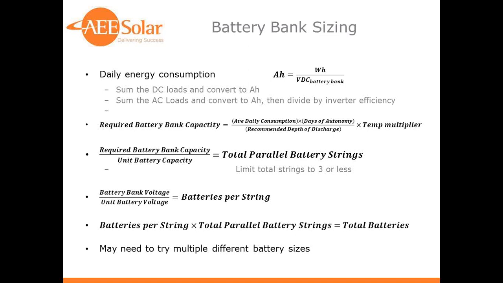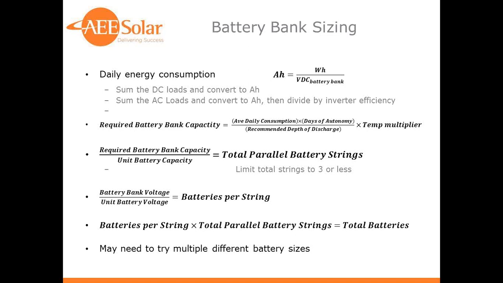Then we look at the battery bank voltage, and we look at the voltage of each battery, and that tells us how many batteries are in a string. So for instance, if we're using a 6-volt battery and we have a 48-volt system, you're going to need 8 of those 6-volt batteries in a series string to make 48 volts, or 4 of those 6-volt batteries in a series string to make 24 volts.